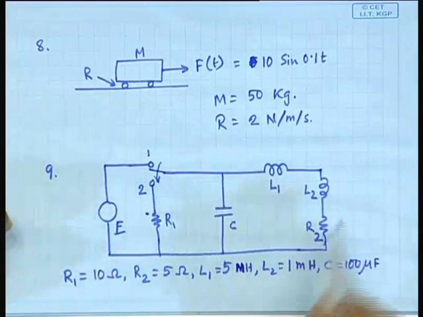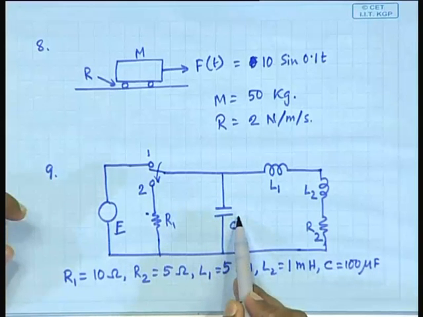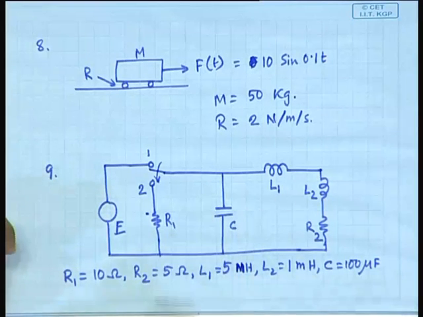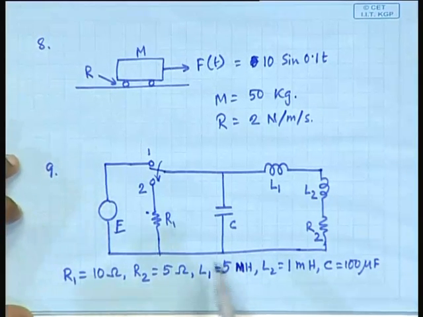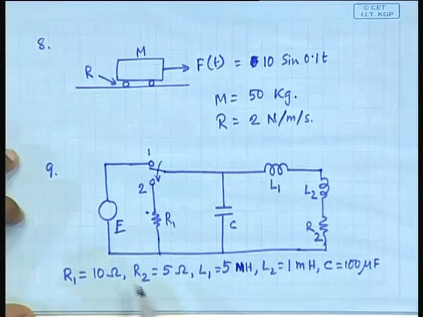You will have to obtain the waveform for the current and the voltage across the capacitor after 0.1 second. There is no space to write, so I am not writing. So, after 0.1 second, what will be the voltage across the capacitor?